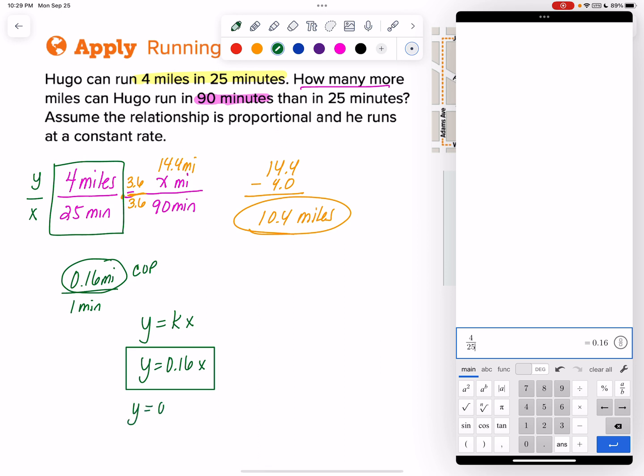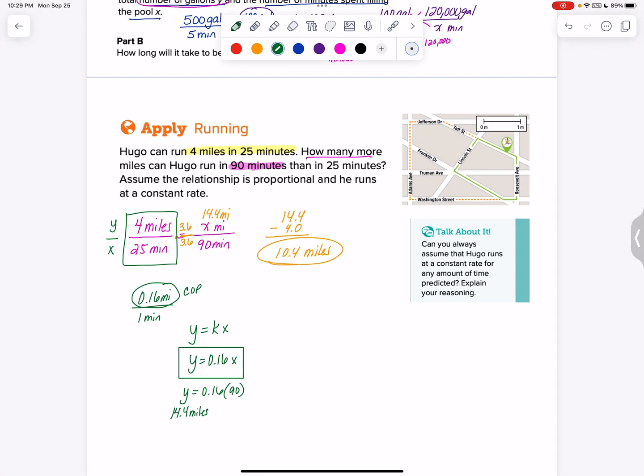So y equals 0.16 times 90 minutes, and when I do that, 90 times 0.16, you can see we also get 14.4 miles. Okay, and then we would still subtract and get our final answer. So you have two ways of doing that, and you're going to find what's most comfortable for you.